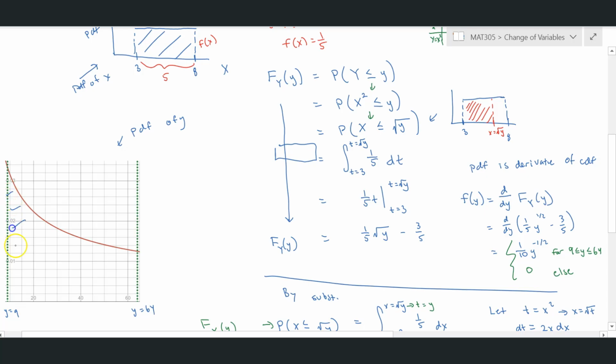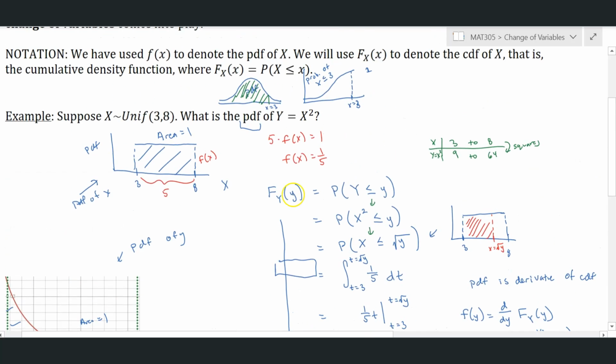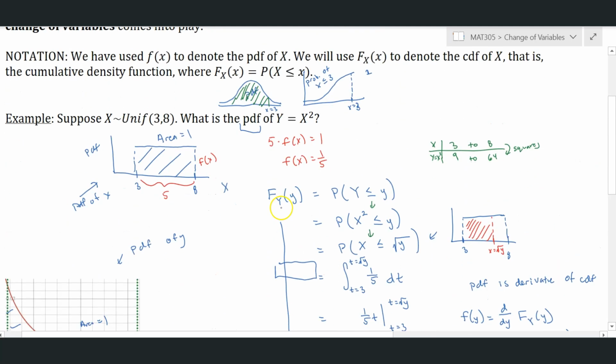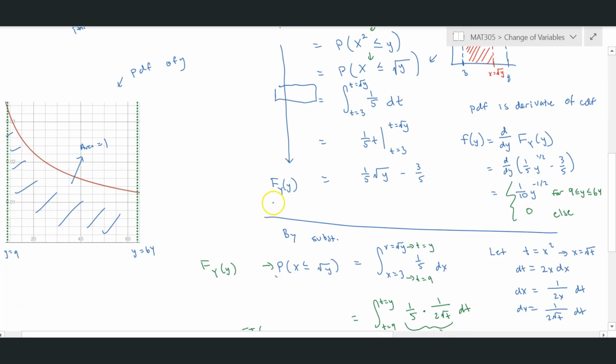Again, if we were to accumulate this area, you would get an area of 1. And that random variable, just by squaring a uniform random variable, you get this type of random variable, which doesn't expressly have a name, but it is the square root PDF, I guess, if you want to call it that. And so this just illustrates two ways of writing and producing the distribution of a function of a random variable.